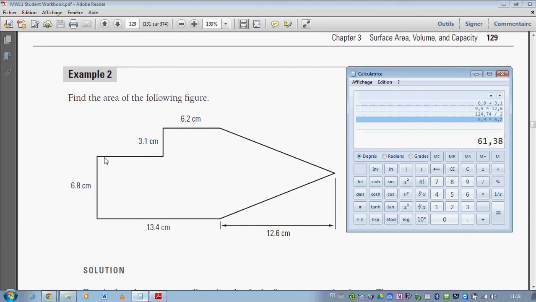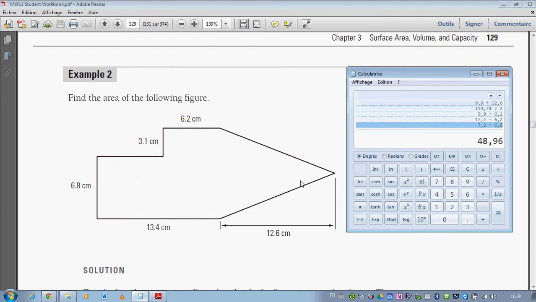We don't have its width, but we know that from here to here is 13.4, and that from here to here is 6.2, so we can figure this out by subtracting. 13.4 minus 6.2 gives you 7.2, so that would be the width here. So 7.2 times 6.8 gives 48.96.